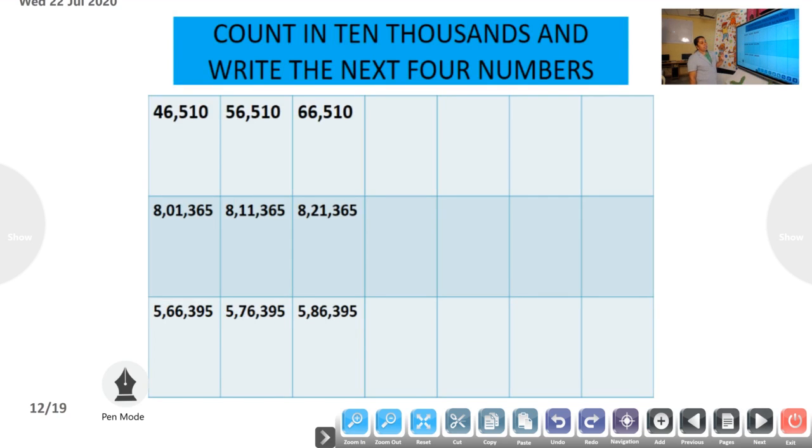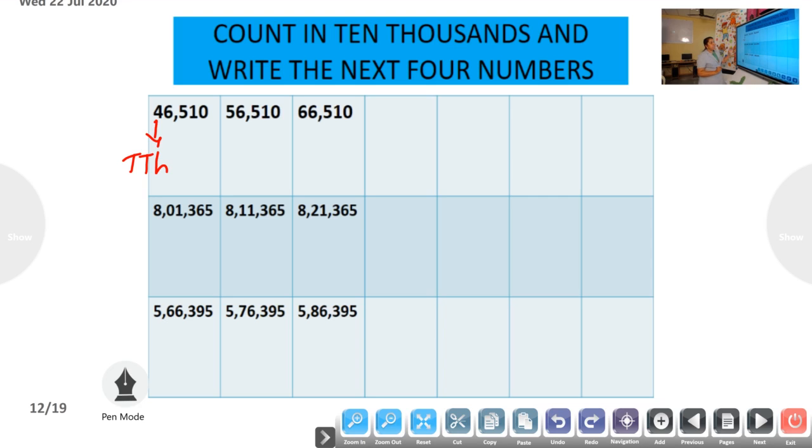Then similarly, you have to count in 10,000s. That means change the digit in the 10,000s place. So which is our 10,000s place? Ones, tens, 100, 1,000. Here is the 10,000. So the last place is the 10,000.